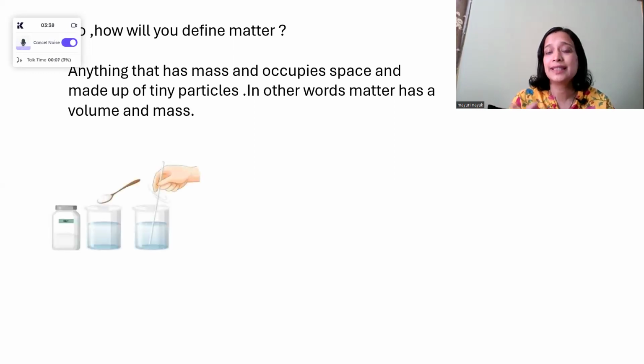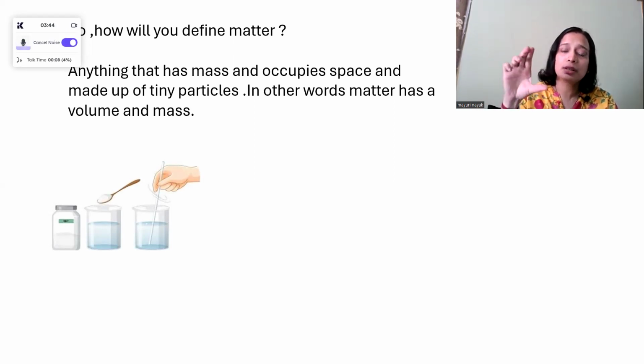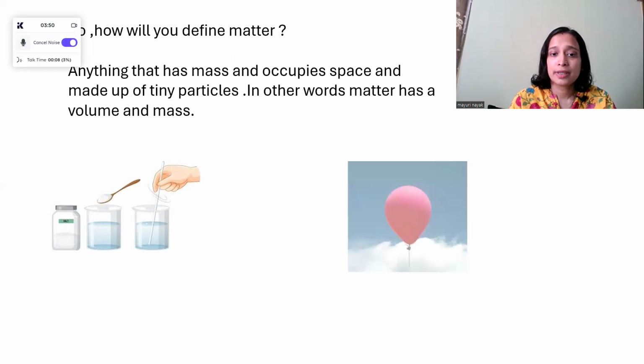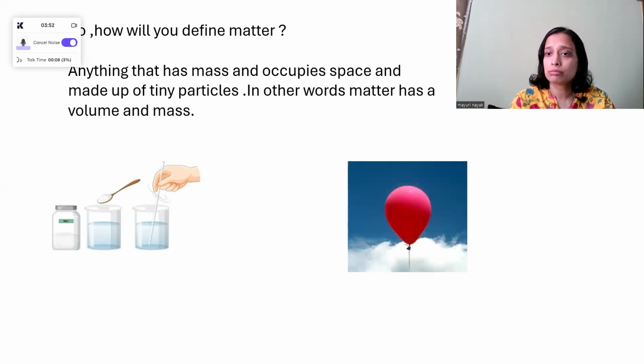For example, a daily life example: if you take a pinch of salt and dissolve it in a glass of water, enough water, it will dissolve, obviously. Whereas in the case of a balloon, the air is filled, so the air inside the balloon requires a space.